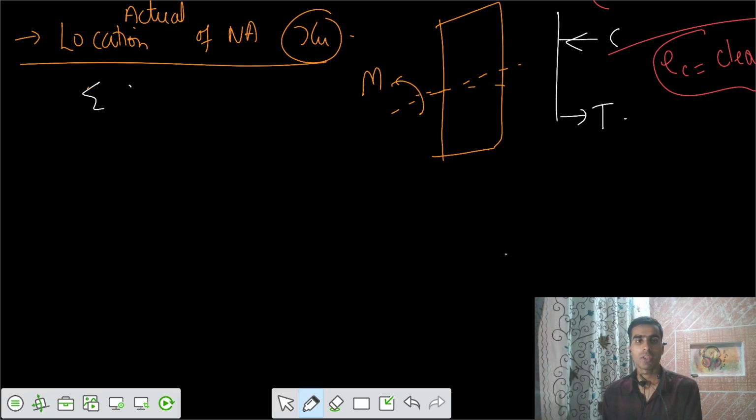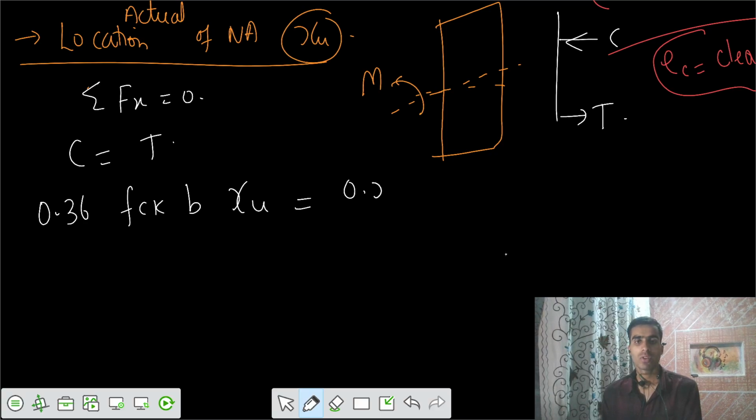If I apply summation of horizontal forces equals 0 on the section, C equals T. From that, the value of C equals 0.36 fck b xu, and the value of T equals 0.87 fy Ast.